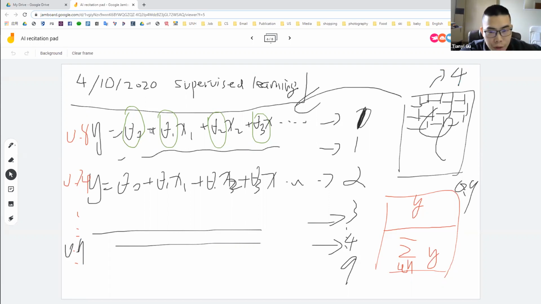This is very high level how you're going to do this. Then we're going to do an example on how to train this hypothesis. Everybody kind of clear?